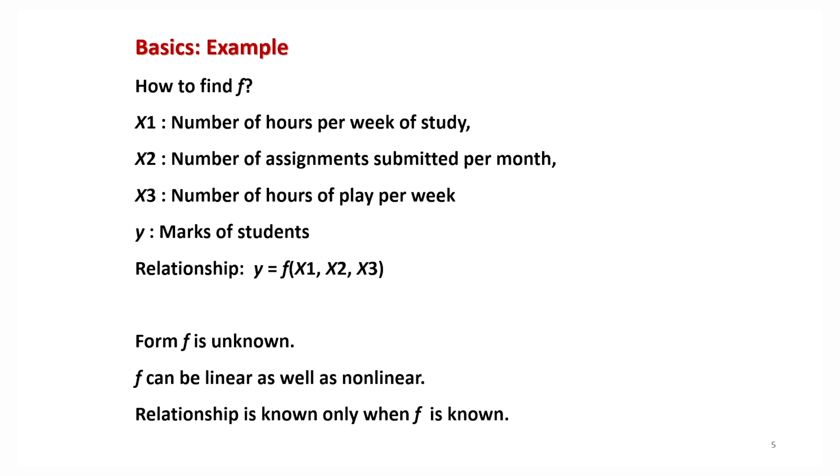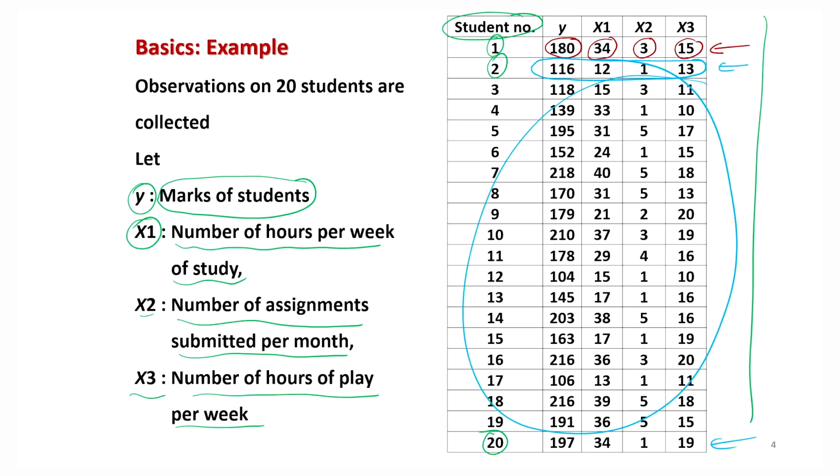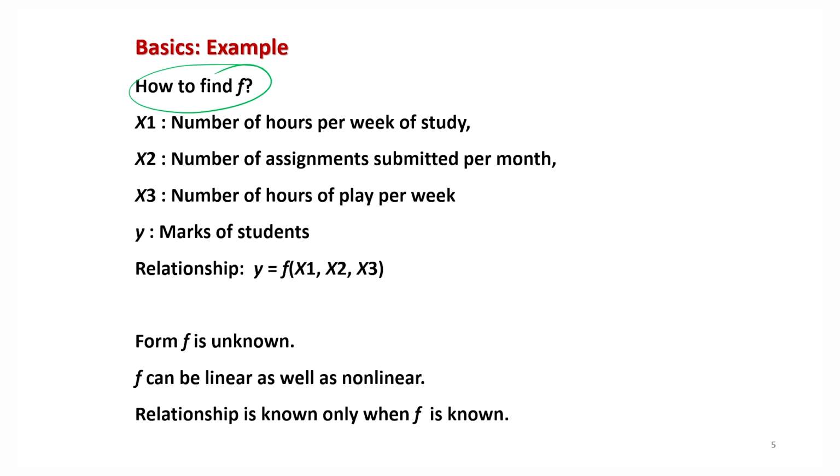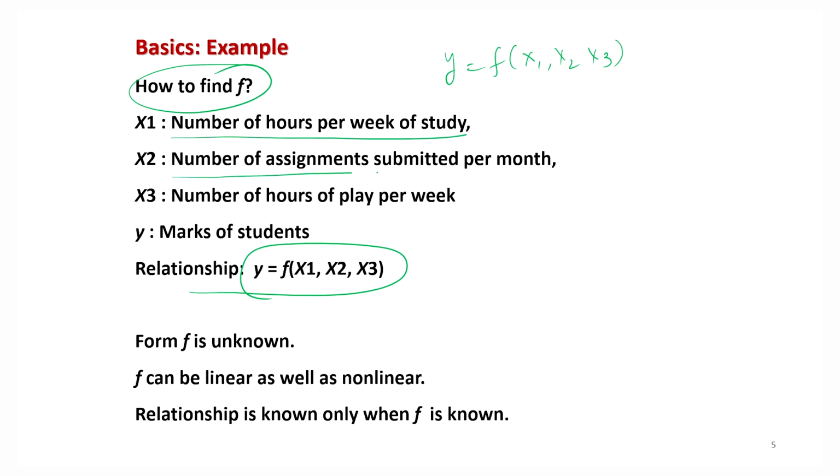So, now the first question comes: how to find out the functional form, how to find out this f. For example, there is going to be a relationship between y and x1, x2, x3. So, there is some function f, something like y is equal to f of x1, x2, x3, where x1, x2, x3 are the number of hours of study in a week, number of assignments submitted in a month, and number of hours of play in a week, and y is the marks of a student.